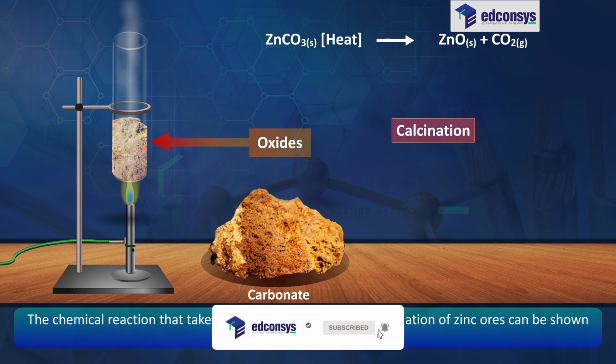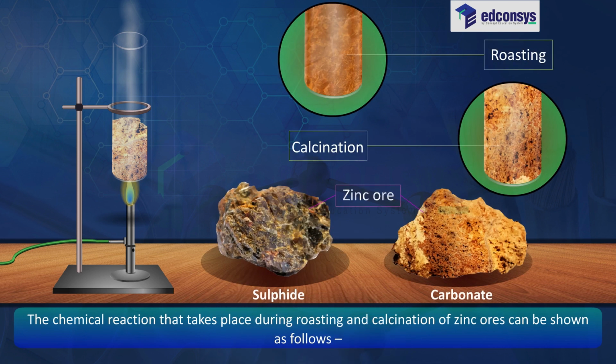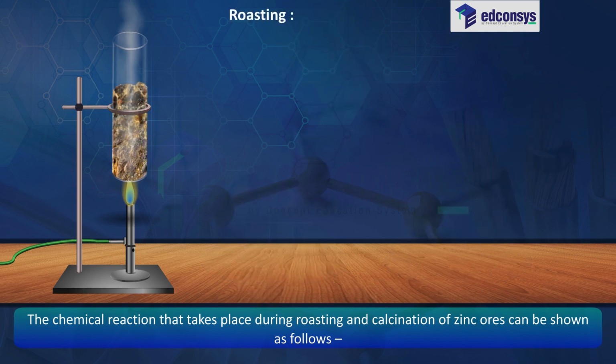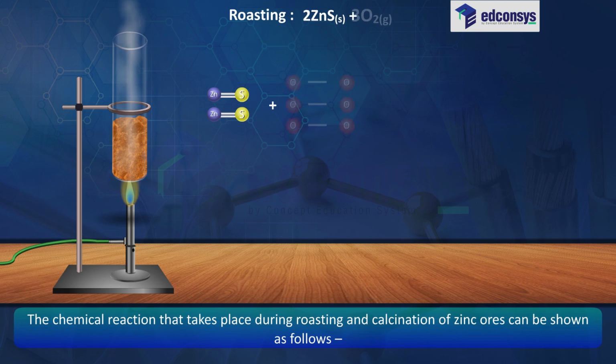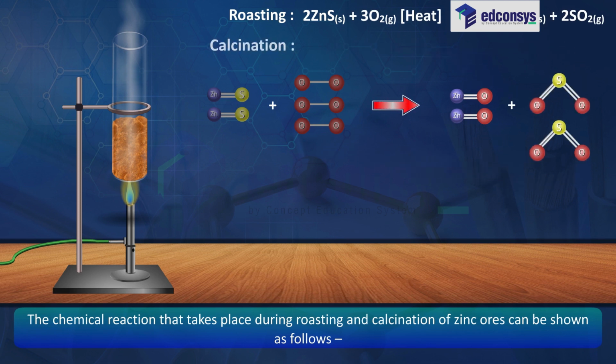The chemical reaction that takes place during roasting and calcination of zinc ores can be shown as follows. Roasting. 2ZnS plus 3O2 in the presence of heat gives 2ZnO plus 2SO2. Calcination.